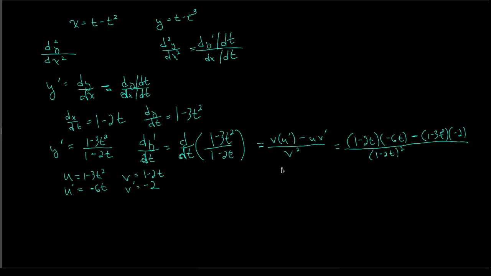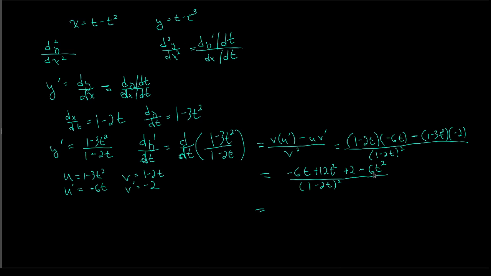And a little cleanup upstairs. Let's see, negative 6t plus 12t squared, minus 2 times 1 is minus 2, plus 2. And minus 2 times negative 3t squared is plus 6t squared, all over 1 minus 2t quantity squared.